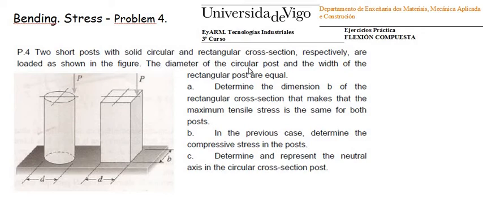The diameter of the circular post and the width of the rectangular post are equal to D, and the question A is to determine the dimension B of the rectangular cross section in order that the maximum tensile stress is the same for both posts.